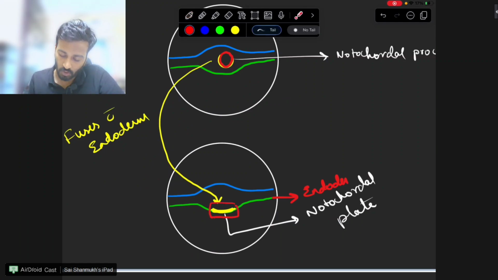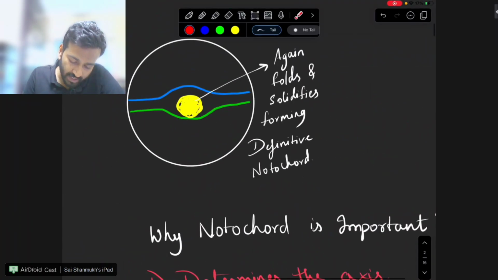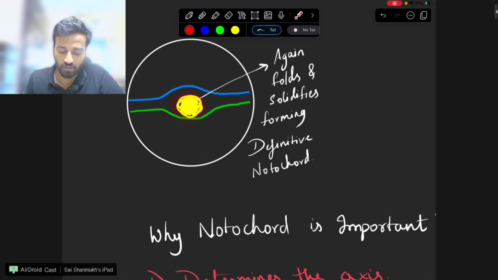This notochordal plate again forms a tube-like structure and it folds, and then it proliferates completely to form a proper notochord. So this forms a notochord. This is the definitive notochord.